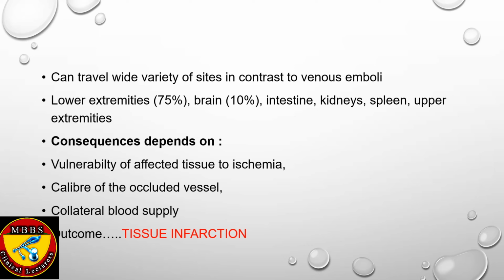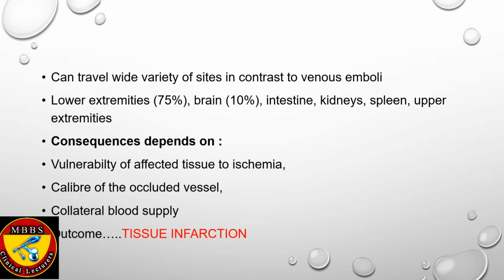Then collateral blood supply: if one vessel is obstructed, the other is there to continue the blood supply to the tissue, so there is a decreased chance of developing infarction.